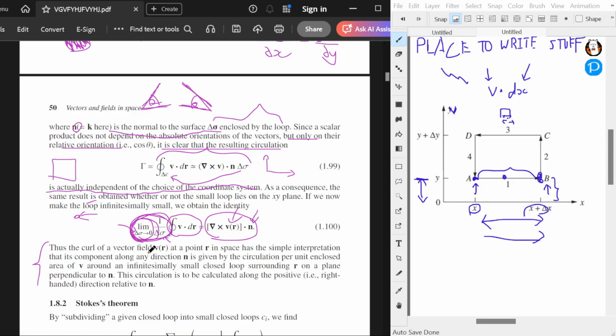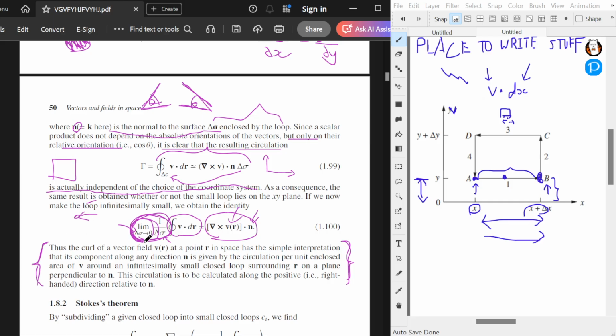Thus, the curl of a vector field. This is the really insane sentence that I had to read like 10 times to decode what it means at first. Like unironically 10, I'm not exaggerating.